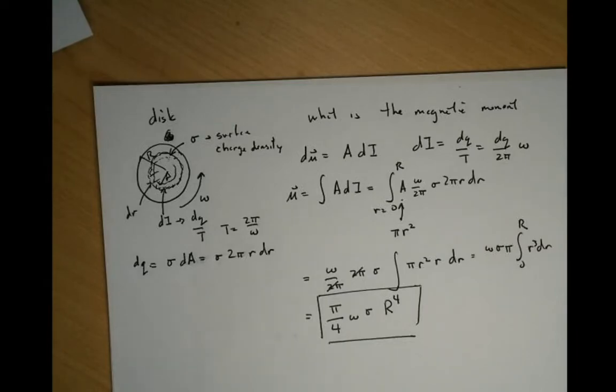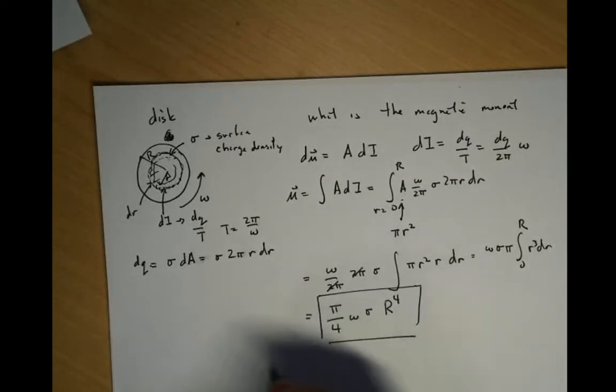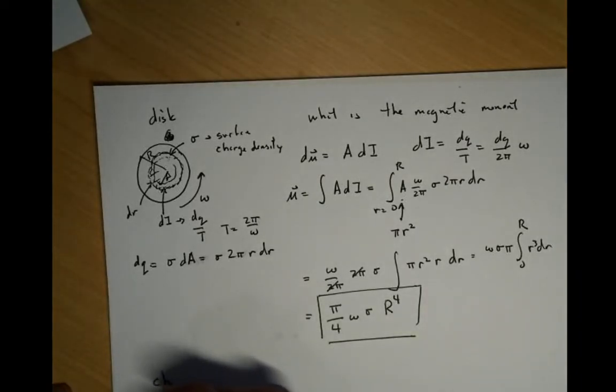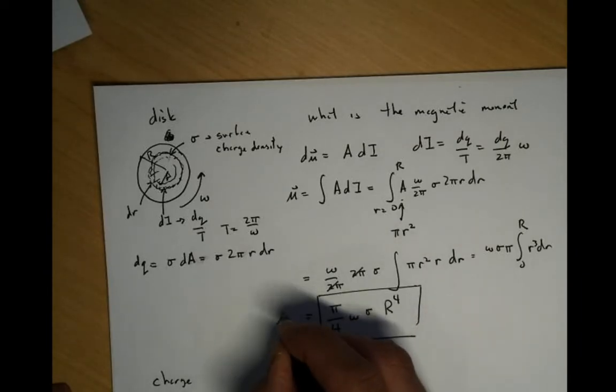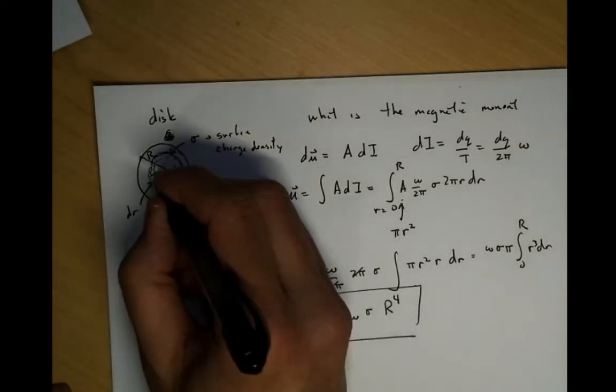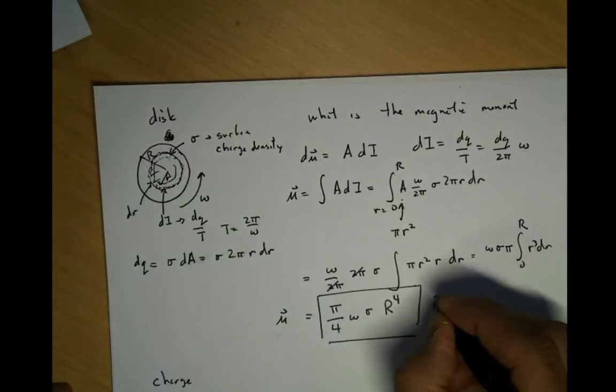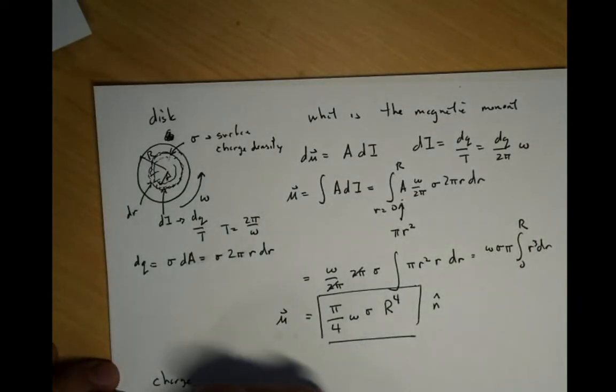All right. Now let's do one more example of this. Let's do a charged rotating sphere. And so this is just going to be the mu vector, and then whatever n hat is going to be.